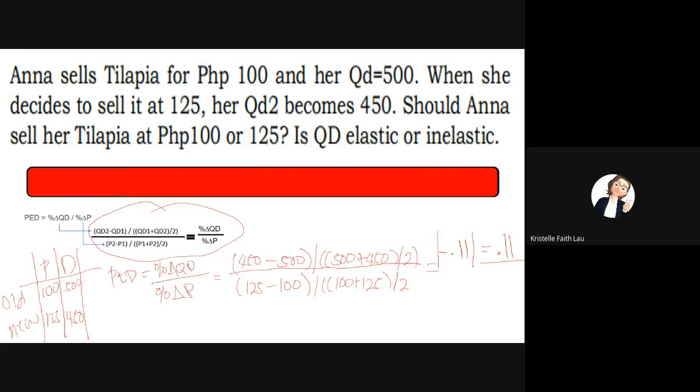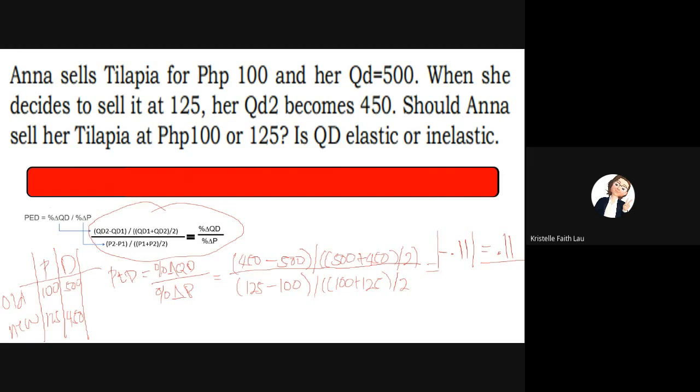We have open parenthesis, 125 minus 100, then close parenthesis, divide, then two open parentheses, then 100 plus 125, close parenthesis divided by 2, then another close parenthesis.